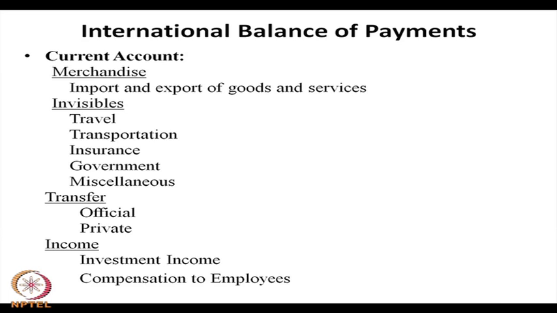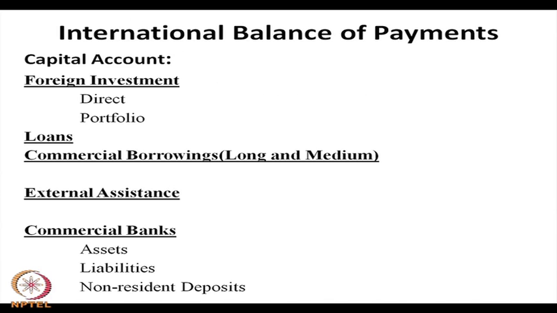In the current account, the merchandise account and invisible account are quite significant, and as I mentioned, we have a deficit because our exports are not in a position to pay for our imports. However, the invisible inflow has reduced the current account deficit significantly. On the capital side, we have a significant part of portfolio investment rather than direct investment.